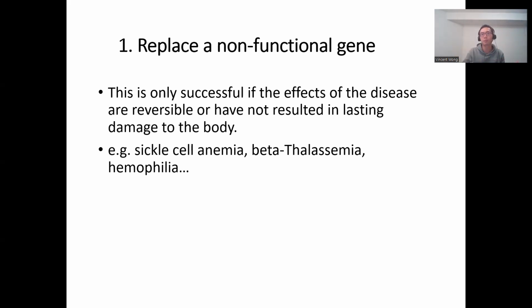Those are irreversible damages. You cannot gain back the missing cognitive development that happened in those years, right? So some diseases are not ideal for this kind of gene therapy. It's only for situations where you haven't done too much lasting damage to the body, and as soon as you give them the functional copy, things are going to be okay going forward.